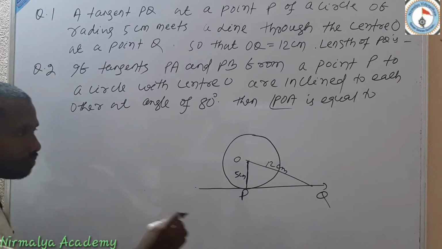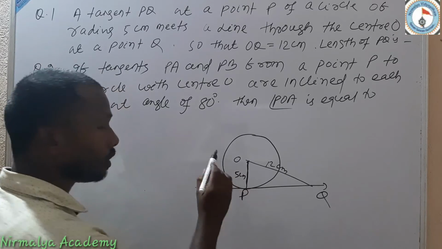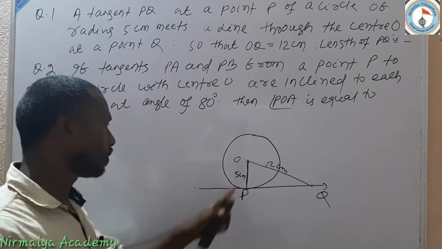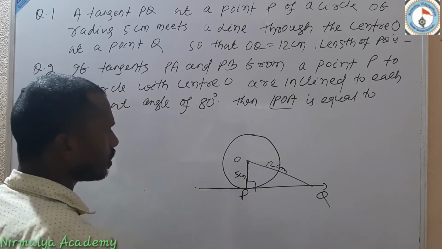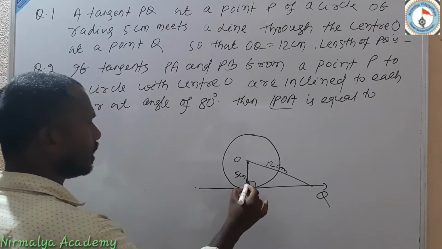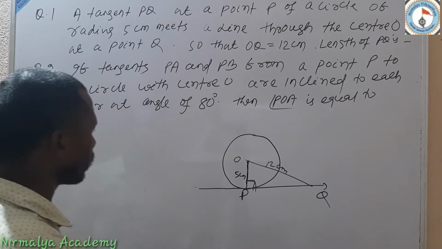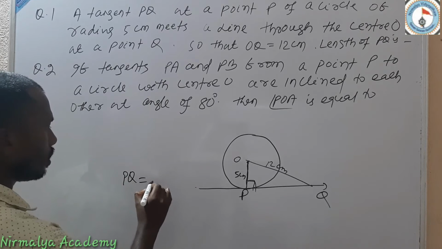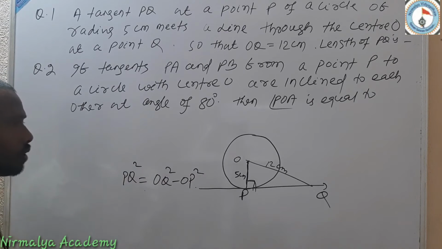So on applying Pythagoras theorem. Here you know tangent at any point of a circle is perpendicular to the radius through the point of contact. That's why angle OPQ will be 90 degrees. So OPQ is a right triangle. So on applying Pythagoras theorem, PQ squared equals OQ squared minus OP squared.